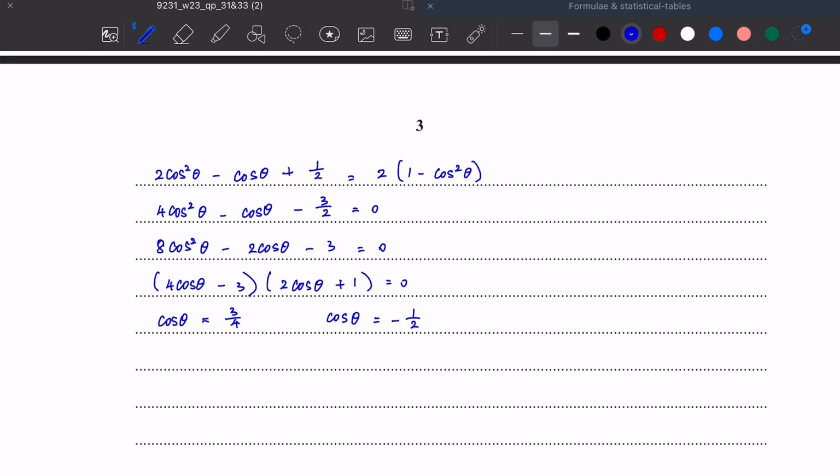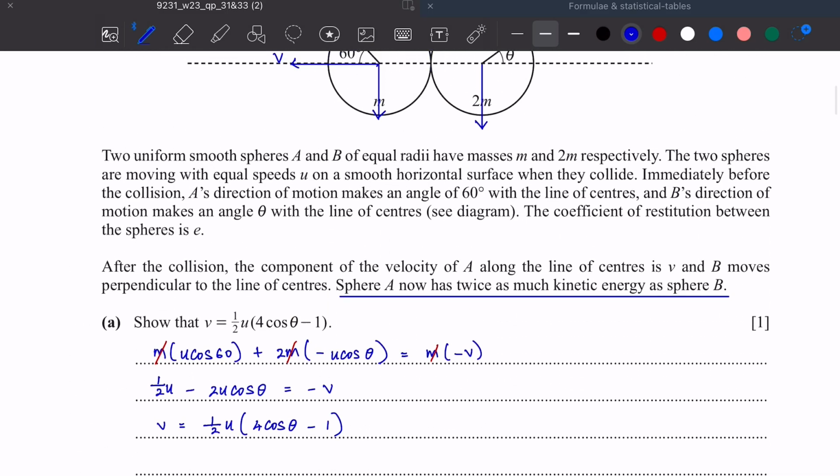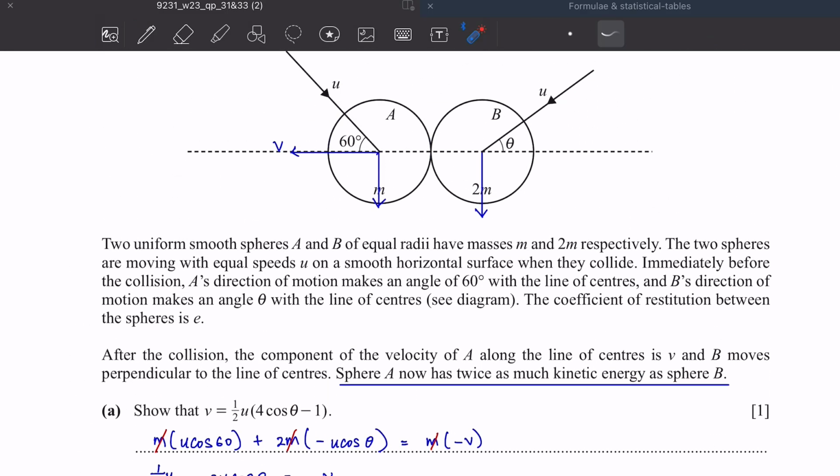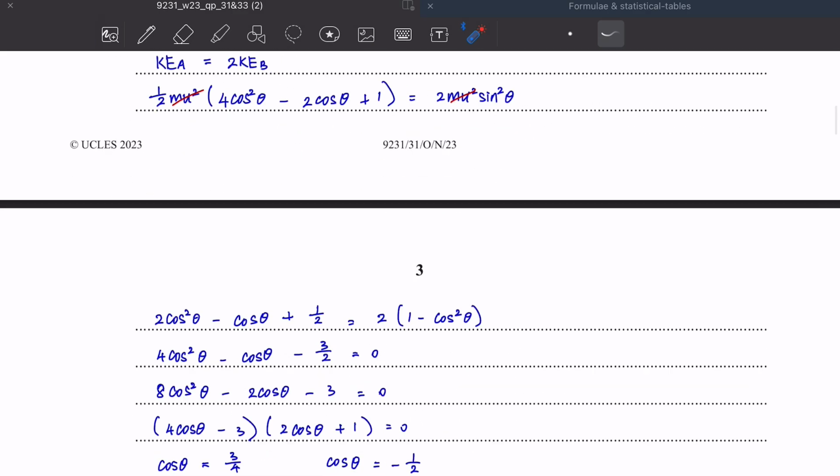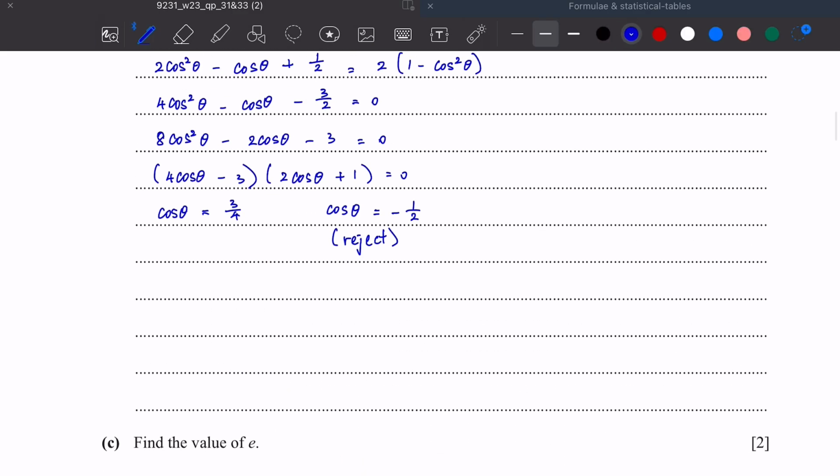But we will need to reject this, because if cos theta is a negative value, then this angle wouldn't be an acute angle. So we reject negative half, and this would be the final answer.